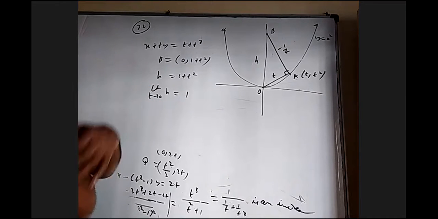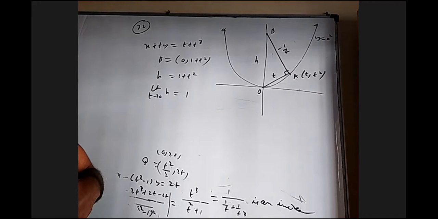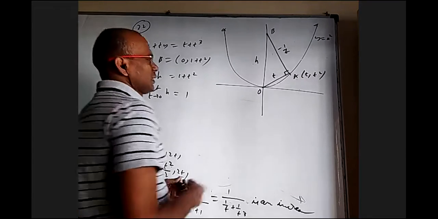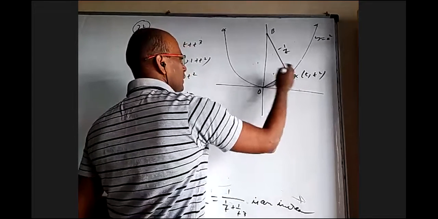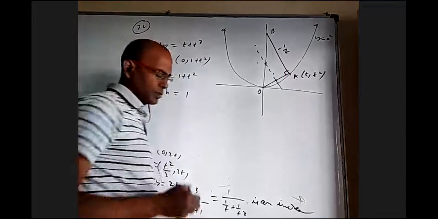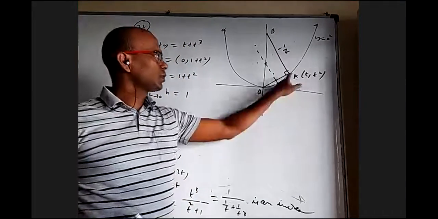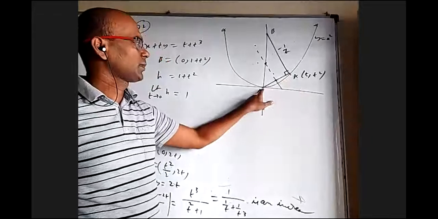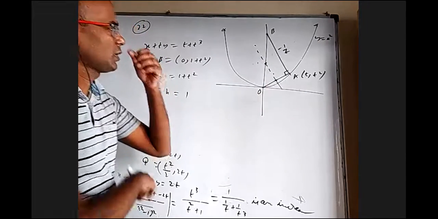I'm also thinking about how I can connect it to the normal. In a sense, it is somewhat like that, where I can take the perpendicular bisector of this line where it meets. Slowly, when this point comes here, this perpendicular bisector will become the normal.